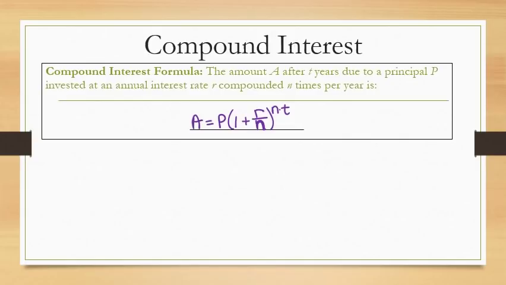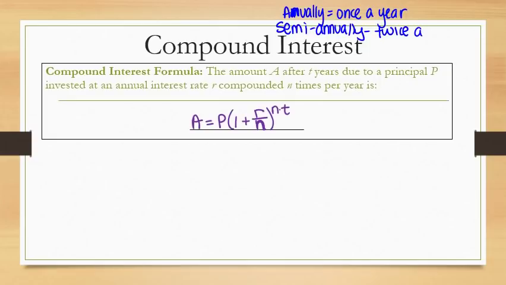So just to go over some things that you're going to see a lot: you're going to see accounts that are compounded annually. If it's compounded annually, that means once a year. If it's compounded semi-annually, that means twice a year.